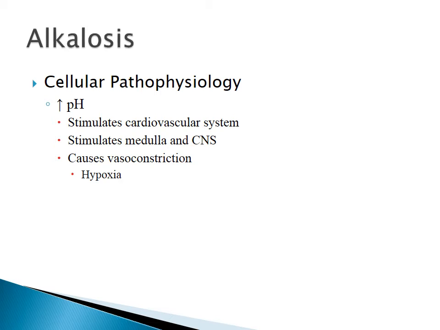We will see ECG changes. We will see the CNS and medulla being stimulated. And one thing that happens differently with alkalosis is there is vasoconstriction that occurs. And with that vasoconstriction, we're going to see the blood flow being diminished, and as a result, we'll end up with hypoxia.